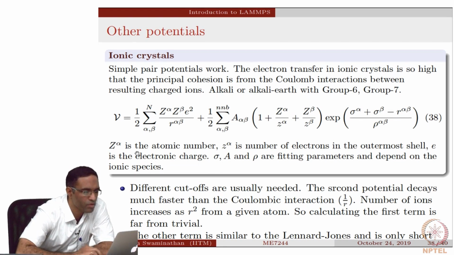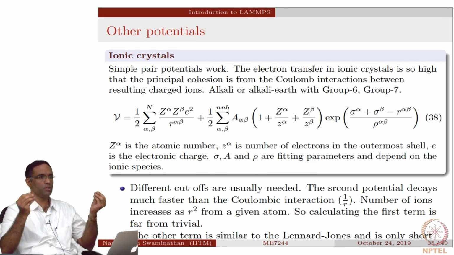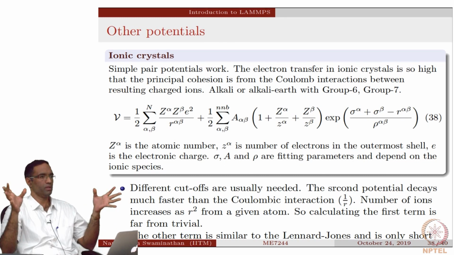Okay. So here capital Z is basically the atomic number, small z is the number of electrons in the outermost shell of that particular atom, E is the electronic charge, and sigma, A and rho are the fitting parameters and depend on the specific ionic species that you are talking about. So for sodium there will be something.